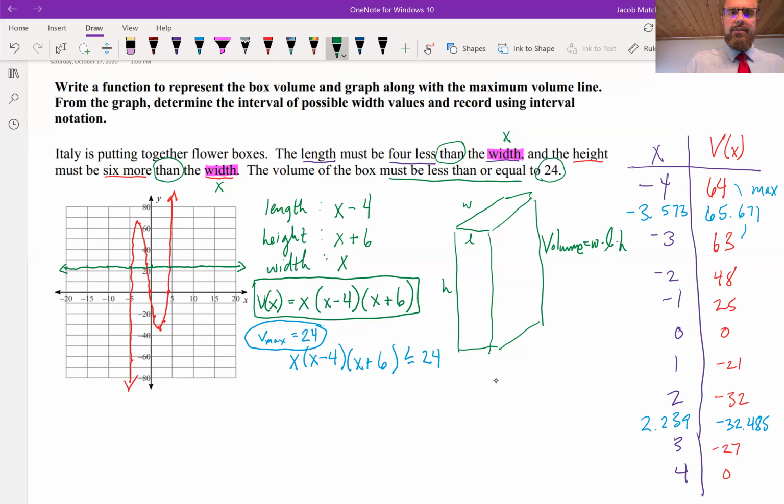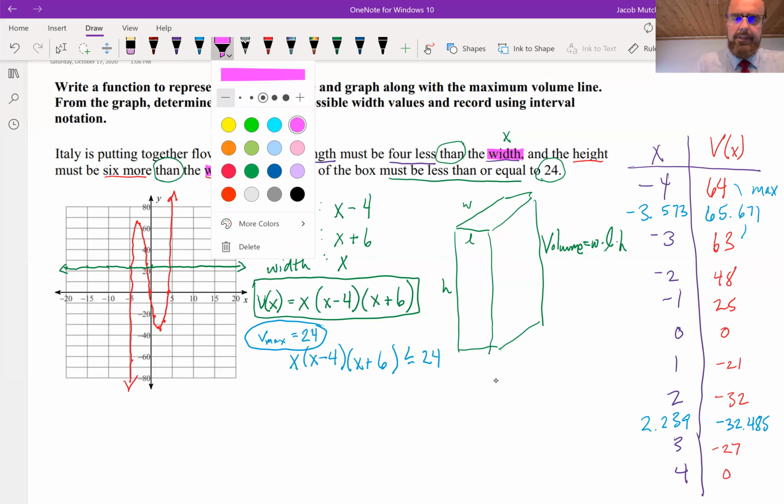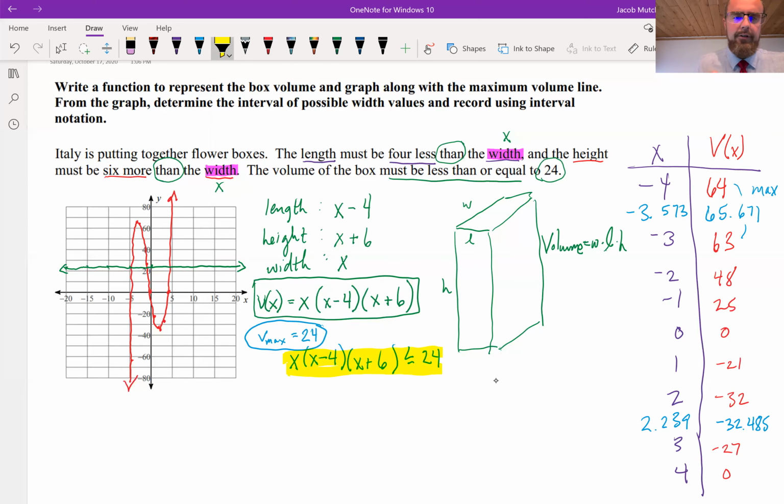Now, what's left for us to do is determine the interval of possible width values and record using interval notation. So I'm going to focus on this inequality, and really we want to use this graph that we've made with the red volume and the green maximum volume line to interpret what's our solution for this inequality.